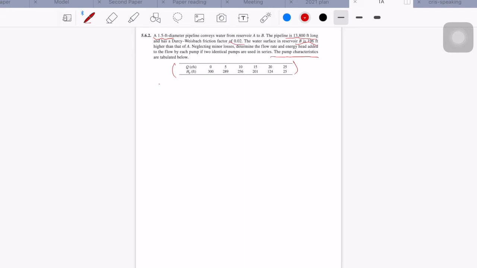And we know the system head H_S equals H_S plus H_F. For this system, we know the H_S equals H_B minus H_A. The value is 196 feet, which the problem gave us. And similar to the previous problem, the Darcy-Weisbach formula in the British unit system can be expressed as H_F equals K times Q squared, and the K equals 0.0252 times F times L divided by D to the power of 5.